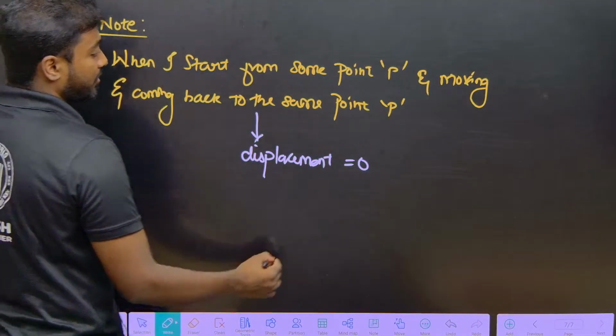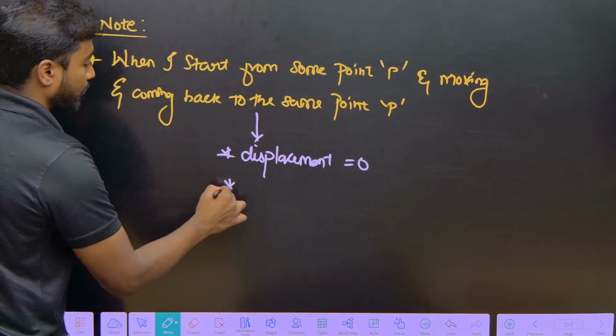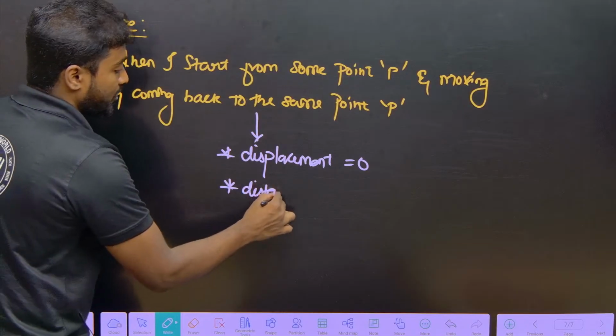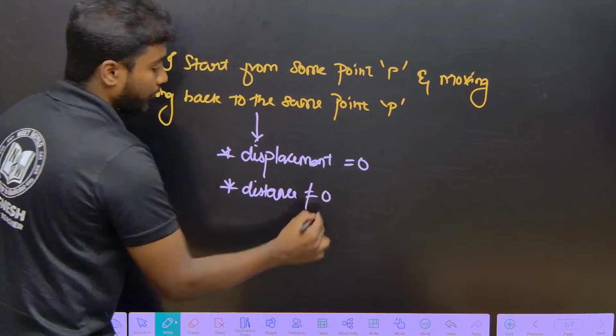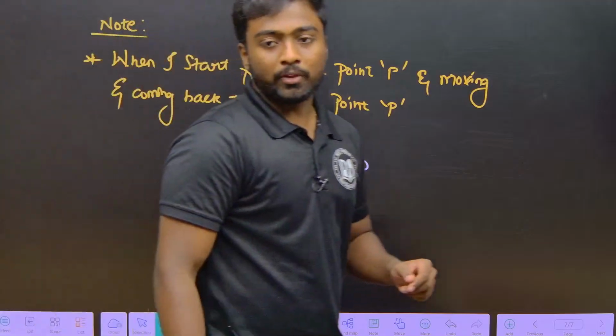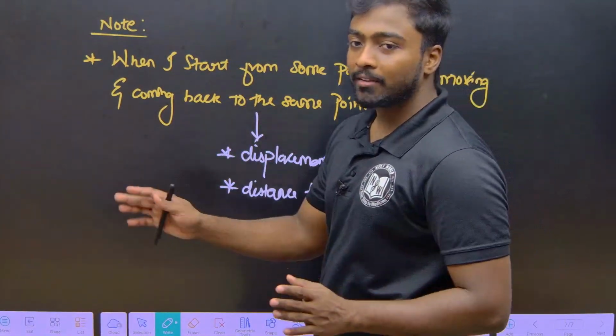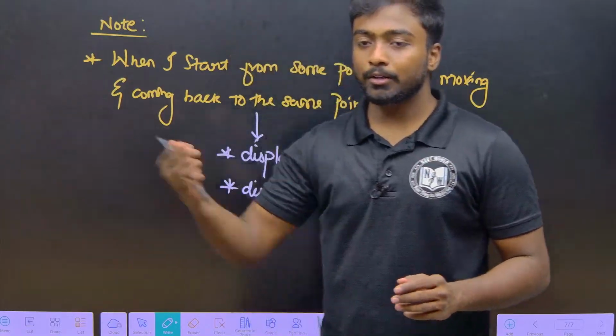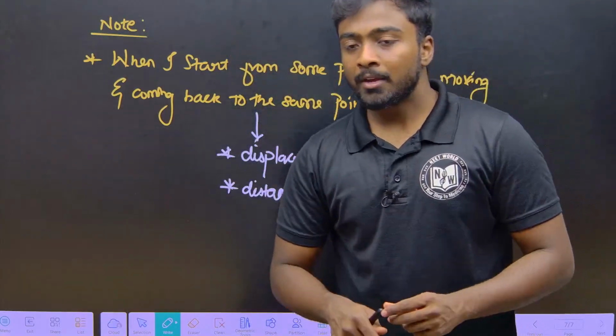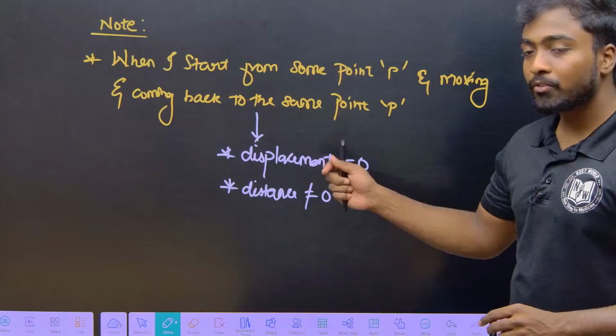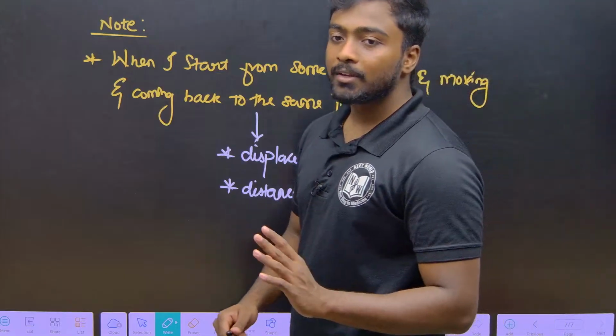But what about distance? Distance will not be equal to 0, right? For example, from Hyderabad to Vizag some x kilometer, again from Vizag to Hyderabad some x kilometer. So x plus x is 2x. So distance will be 2x, but the displacement is 0.